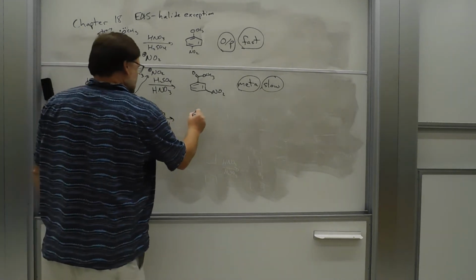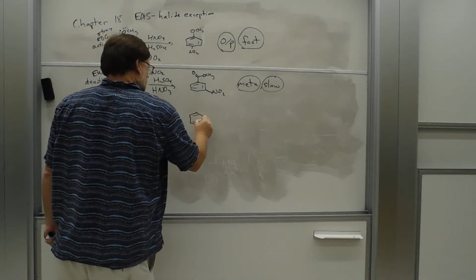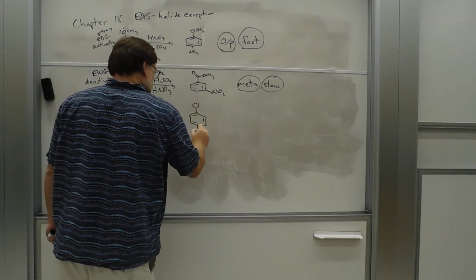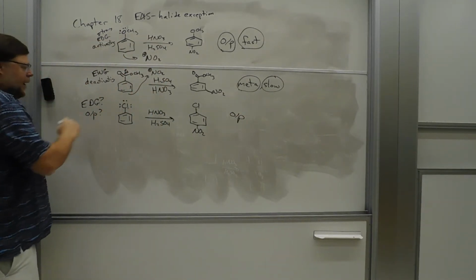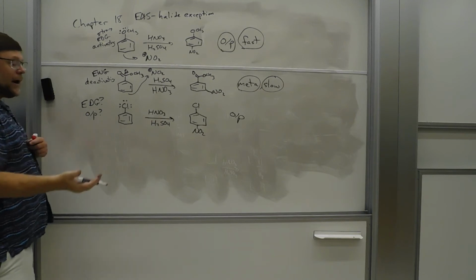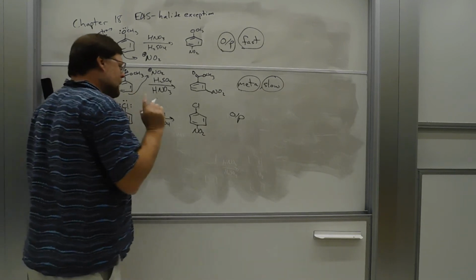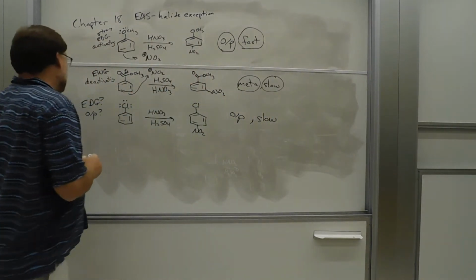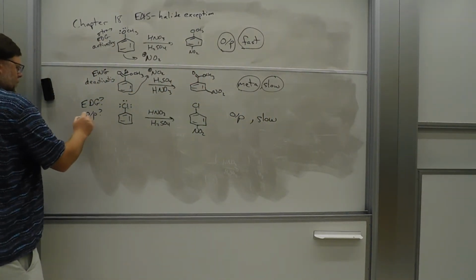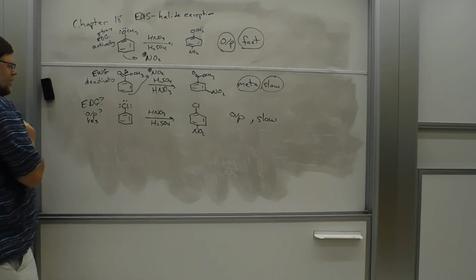So the answer is it's ortho-para directing. The lone pairs on there make it direct like an electron donating group, but it's slow.